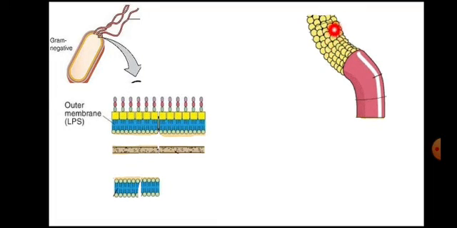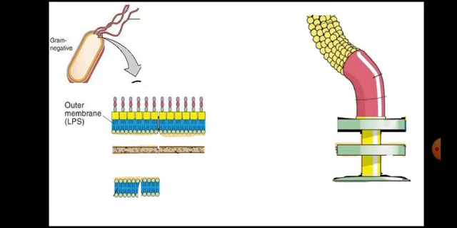These circles you can see are all flagellin proteins. This is called the filament, the first component of flagellum. The second component of flagellum is called the hook. This hook is a junction between the filament and the next component. The third component of flagellum is called the basal body.